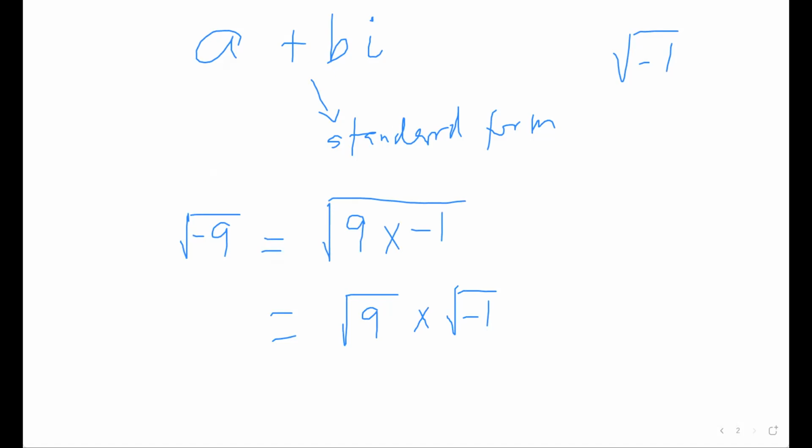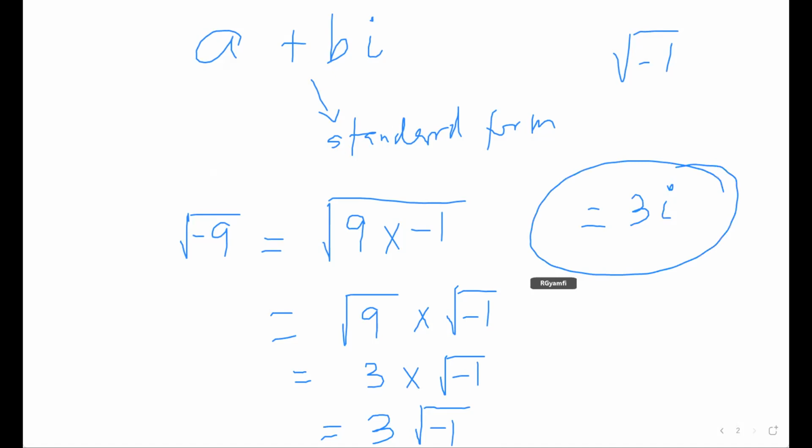The square root has affected both numbers, right? Now, the square root of 9 is 3, times the square root of negative 1. I can rewrite this as 3 times the square root of negative 1, which will give me 3i, because i is the square root of negative 1.